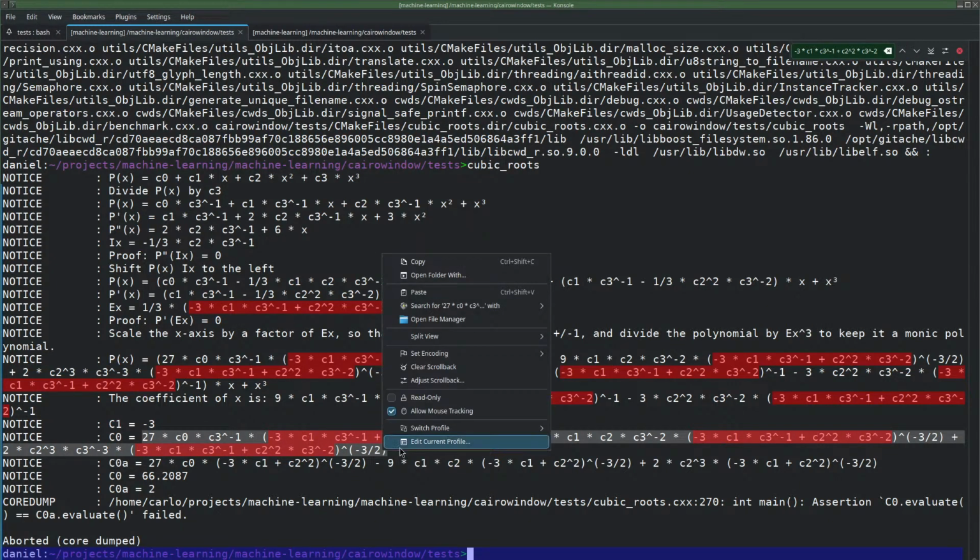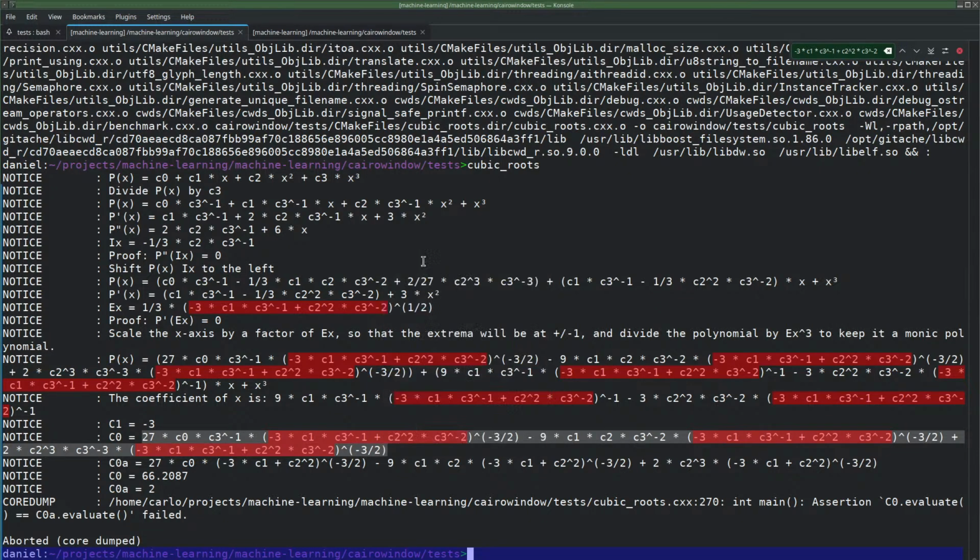This thing, copy. Just have to do it manually, I think. Well, semi-manually.